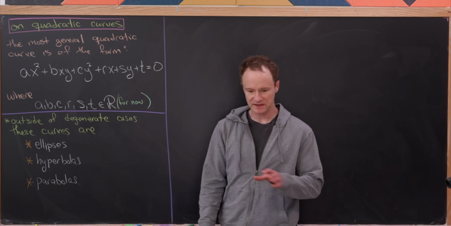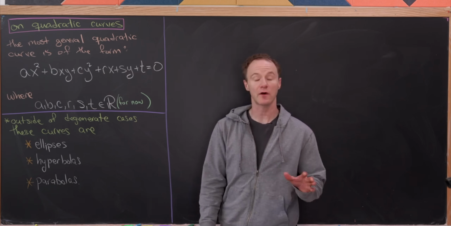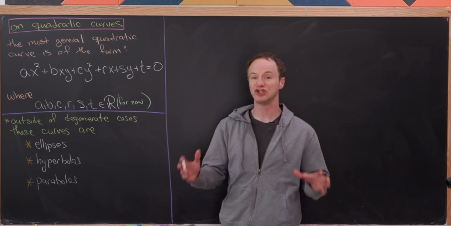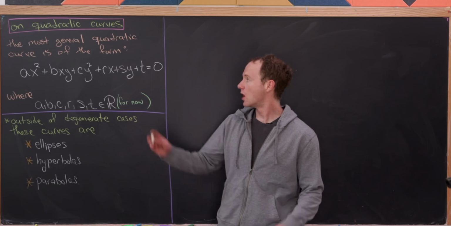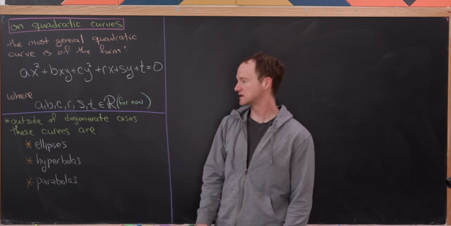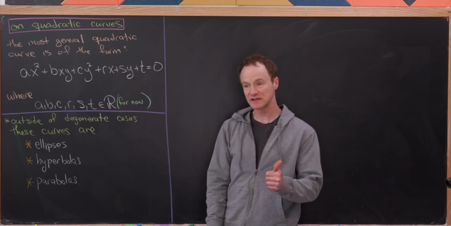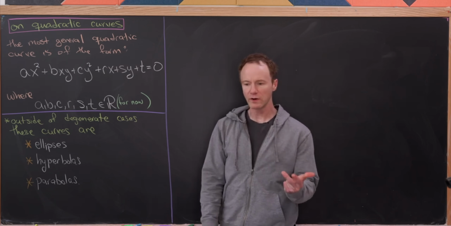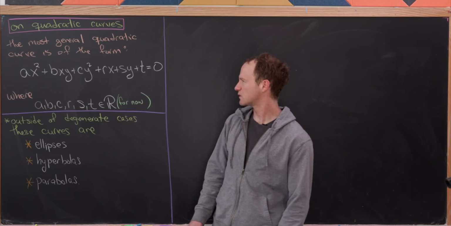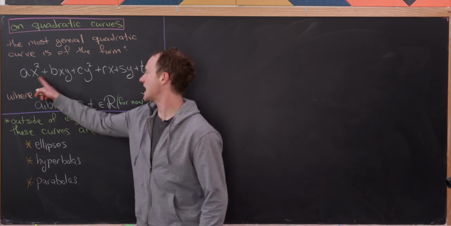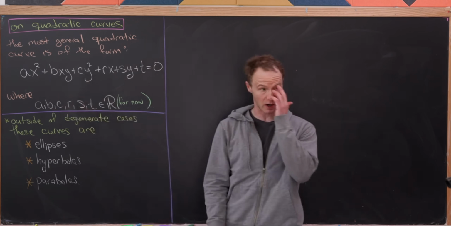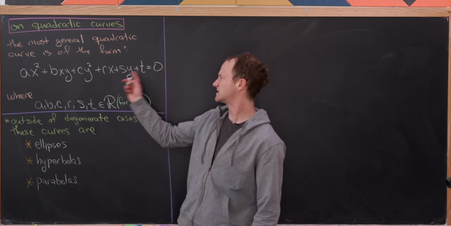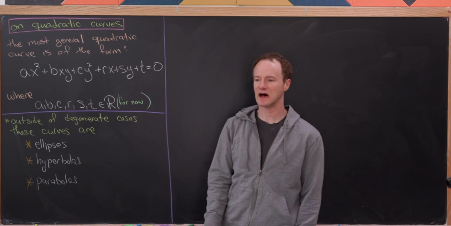Now, I'm going to present this fact without any proof, although we will motivate it: outside of degenerate cases, all curves of this form are either ellipses, hyperbolas, or parabolas. So what do I mean by degenerate cases? Well, let's observe that if a, b, and c are equal to 0, then you would simply have an equation of a line.